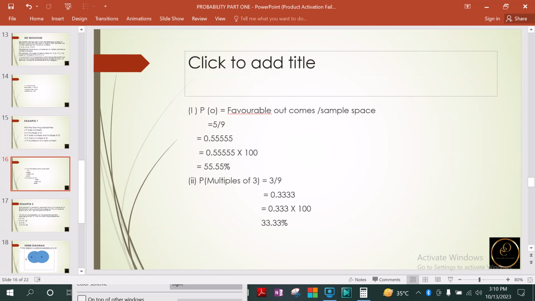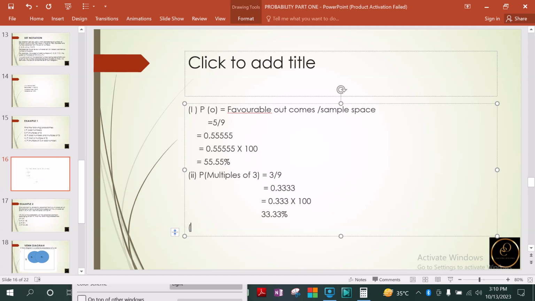That is item number 3, the probability of odd and multiples of 3. What is the probability?